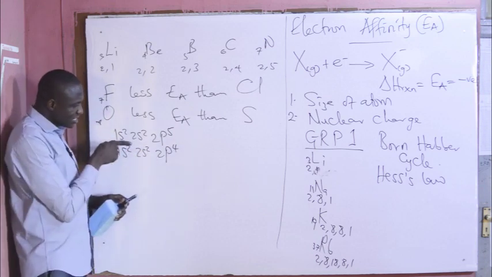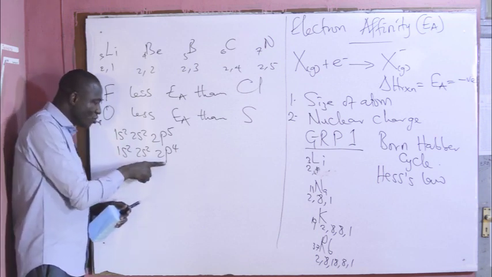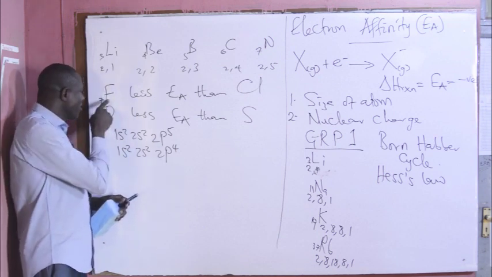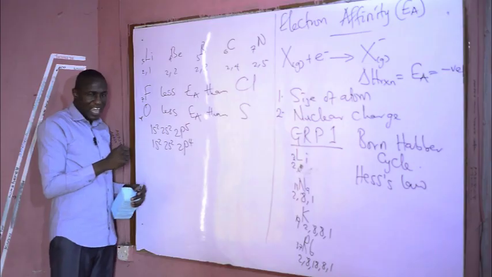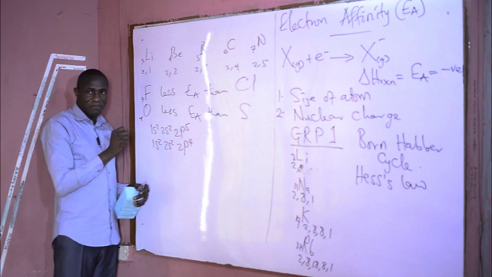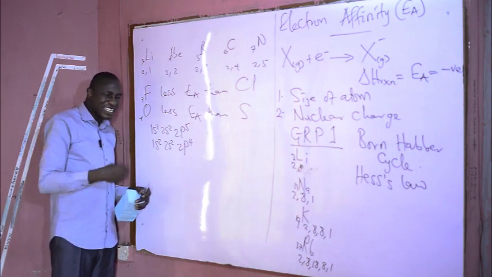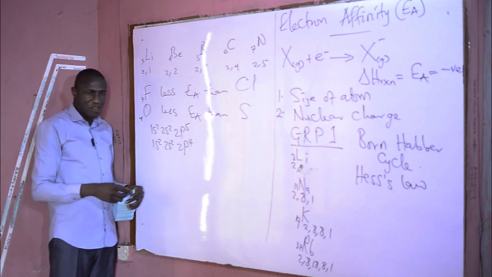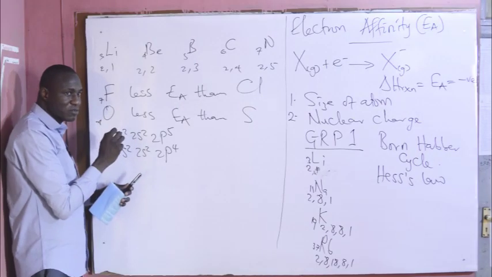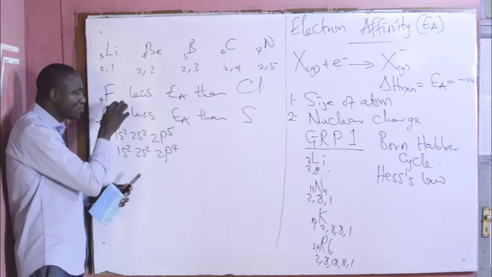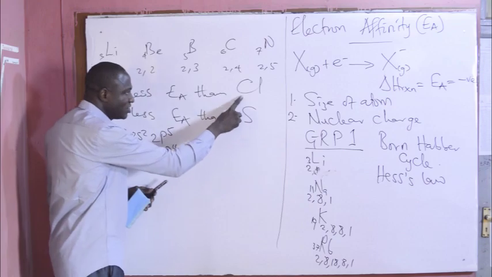So when oxygen gains an electron, the electron will go to the 2p orbitals. When fluorine also gains an electron, the electron will also go to the 2p orbitals. And adding an electron to these atoms causes an increase in electron density because of the compactness of the 2p orbitals of the two atoms. That is a result of the smaller sizes of fluorine and oxygen compared to chlorine and sulfur.